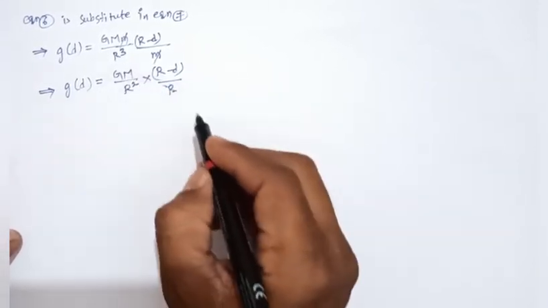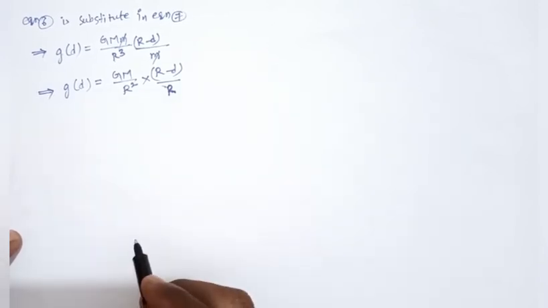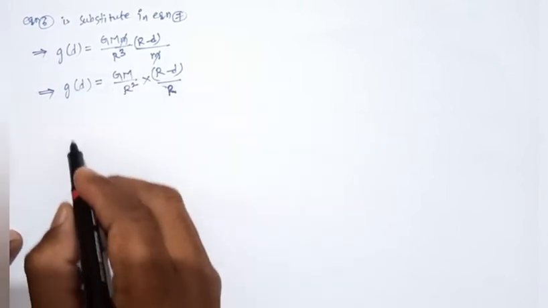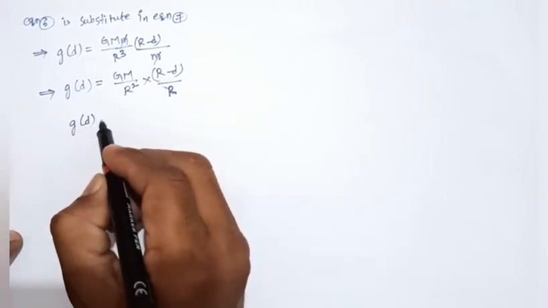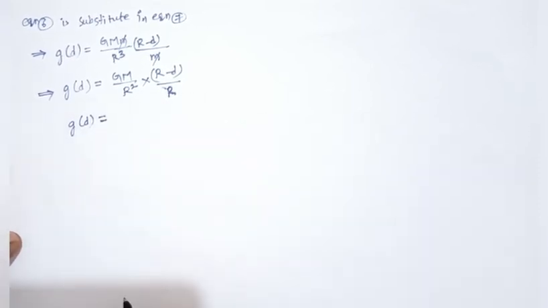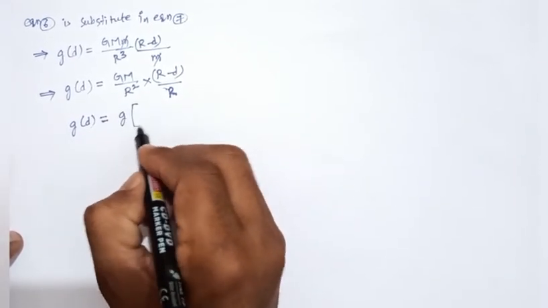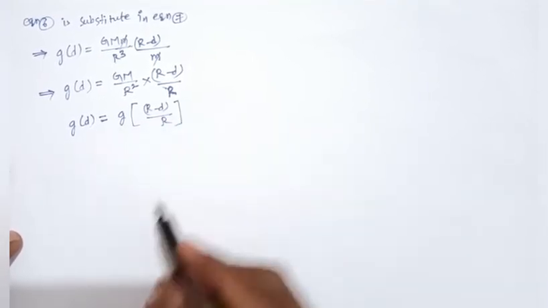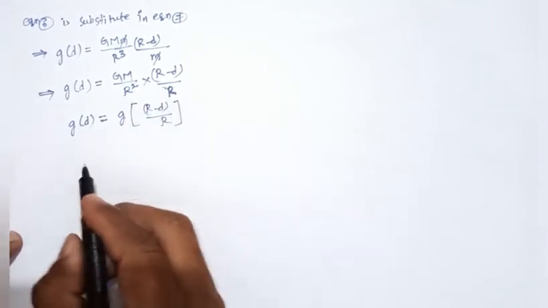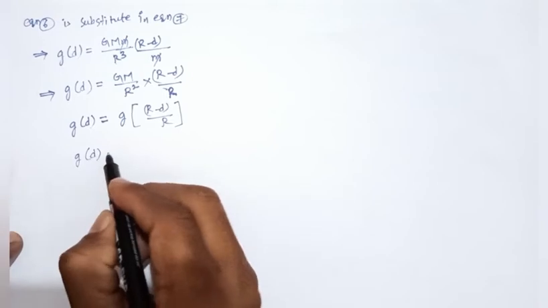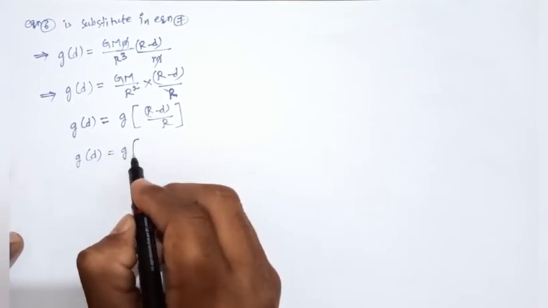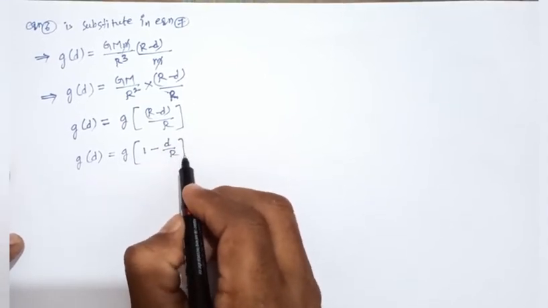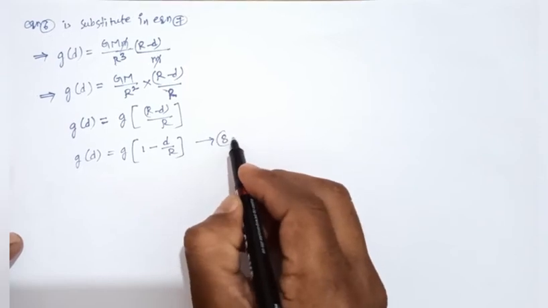So here G M by R square, from equation number 1, equals g. So g of d equals g into (R minus d) divided by R. We can simplify this equation: g of d equals g into (1 minus d by R). So this is equation number 8.